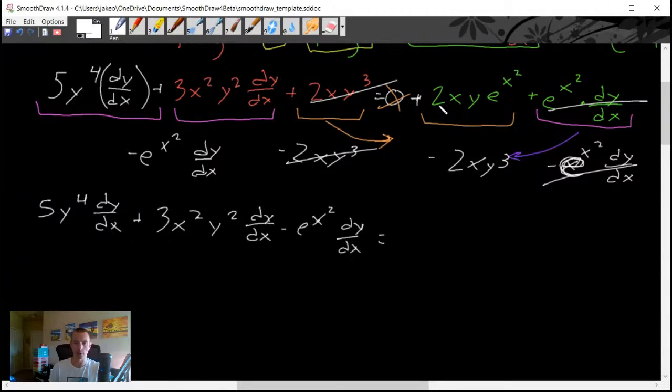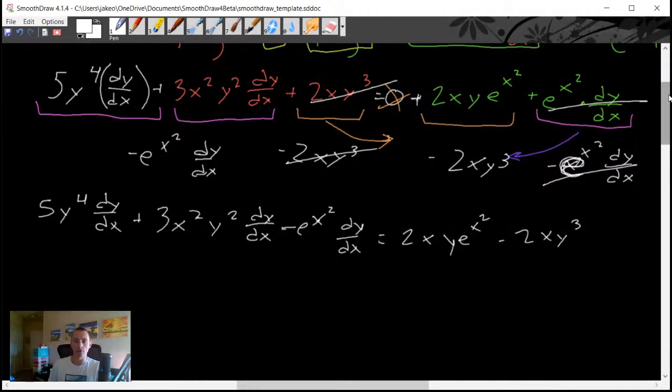And then on the right side, we're going to have 2xy e to the x squared and minus 2xy cubed. Okay, and I think that should account for all of our terms here.